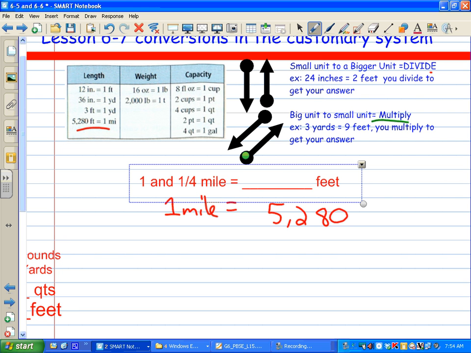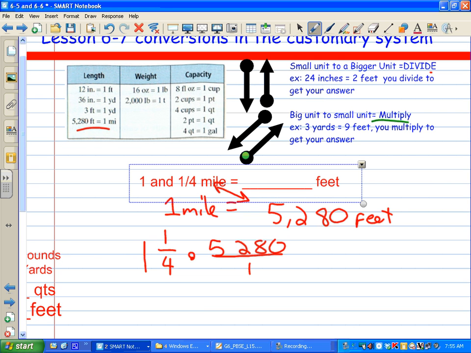Our last problem here is 1 1/4 miles equals so many feet. And this is going to be another multiplication problem. I know that 1 mile equals, this is a complicated one here, 5,280 feet. I am going diagonal, so I'm going to need to multiply. I put down 1 and 1/4, and I put down 5,280. I'll underline that, and I make that over 1 to multiply.